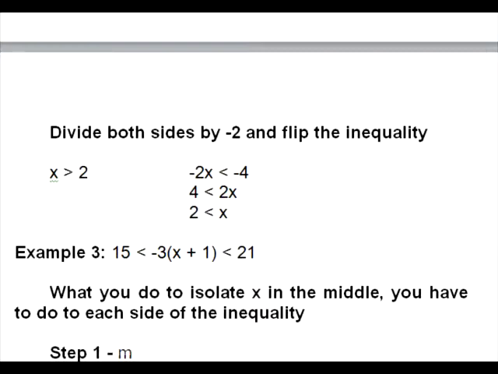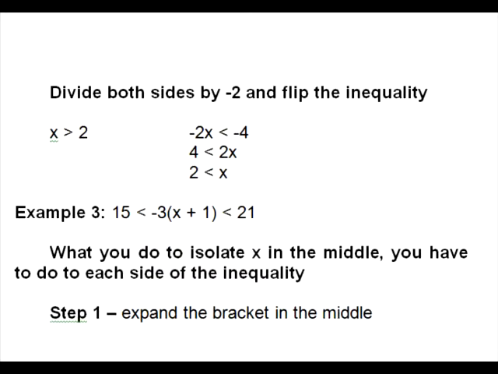Step 1 is to expand the bracket in the middle. What that's going to change to is 15 is less than negative 3x minus 3 is less than 21.